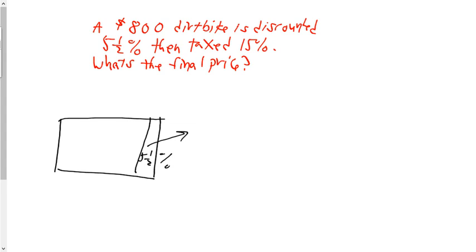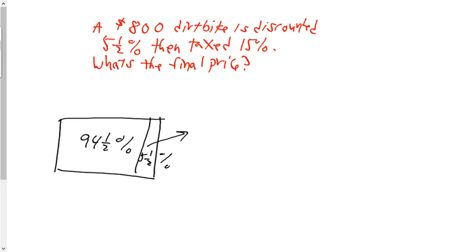Tori, what percent will you be paying for if you discount it 5.5%? 94.5%. Does everyone agree? If you discount something 5.5%, you only have to pay for 94.5% of it.